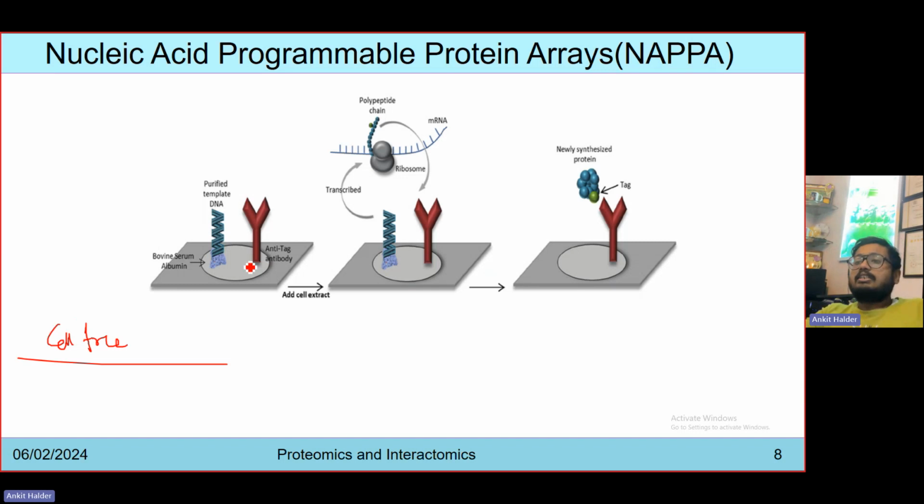So we are adding this cell extract and the newly synthesized protein. Cell extracts are the ones, like the rabbit reticulocyte lysate or those extracts, which give us the necessary factors to translate into the protein.